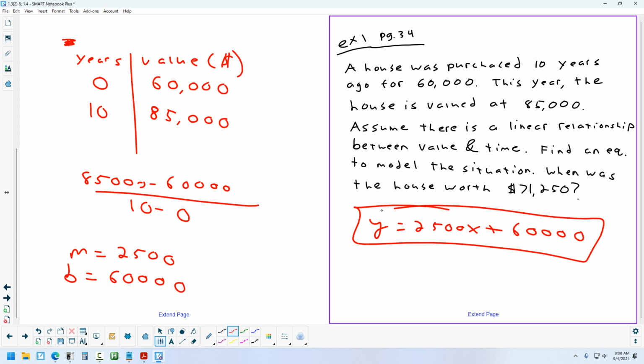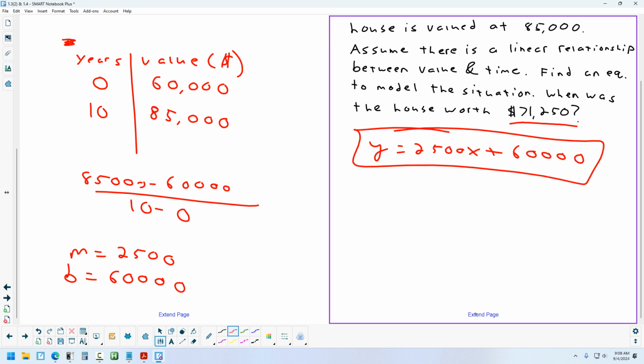Okay, so we found an equation. Now, when was the house worth $71,250? Where would we plug in that $71,250? Yeah, Lucas. Y. Yep, we're going to plug it in for y.